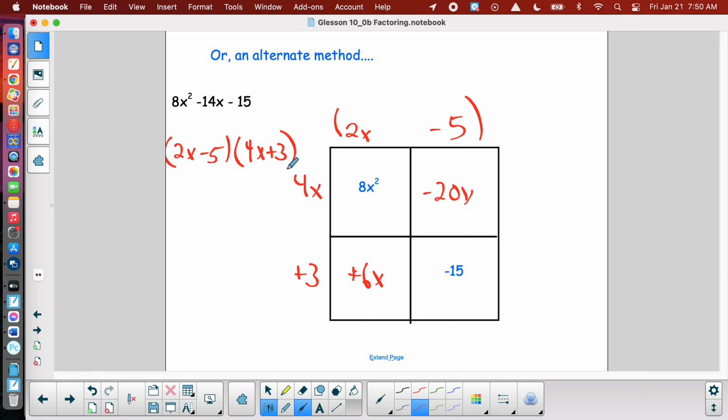This could have been an 8x and a 1x. So there could be a lot of tries before you find the right combination. So you have to be patient if you're going to use this method. So, two different ways of factoring a quadratic trinomial with leading coefficient other than 1.